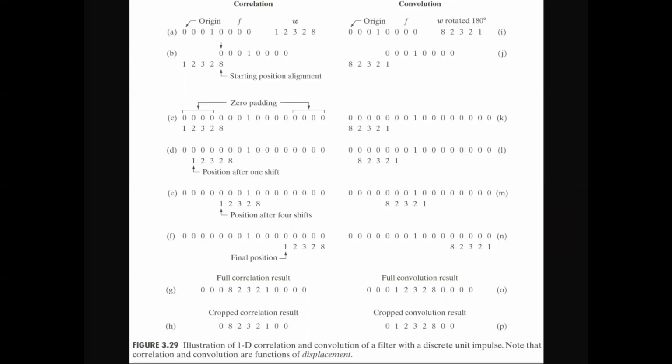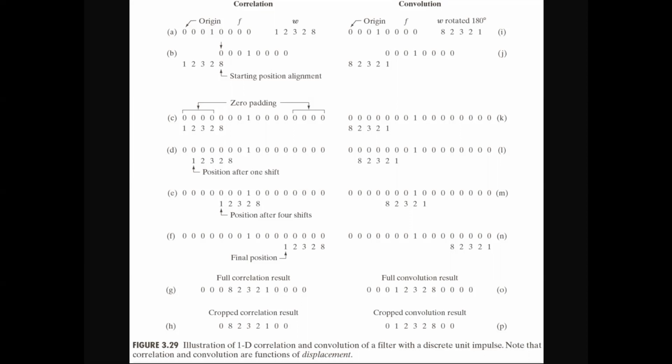In order to understand spatial correlation and spatial convolution, let us consider an example. Here in this figure, on the left side, we have A, B, C, D, E, F, G, H. All these are the different steps we perform to get the correlated values as well as the convolution values between the filter and the image.